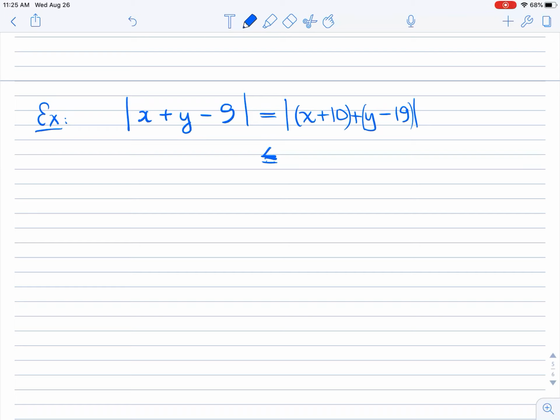So this is going to be less than or equal to the absolute value of x plus 10 plus the absolute value of, oh sorry, of y minus 19. So one thing we're going to have to do in this course sometimes is be clever and notice how to split up these inequalities in ways that help us.